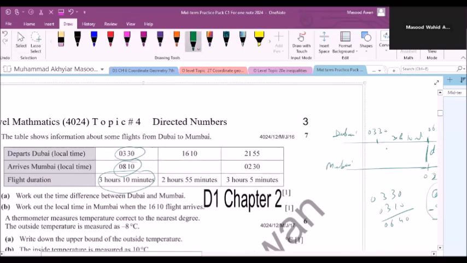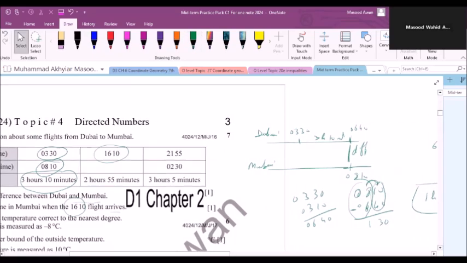The time difference between Dubai and Mumbai. Now work out the local time in Mumbai when the 16:10 flight arrives.